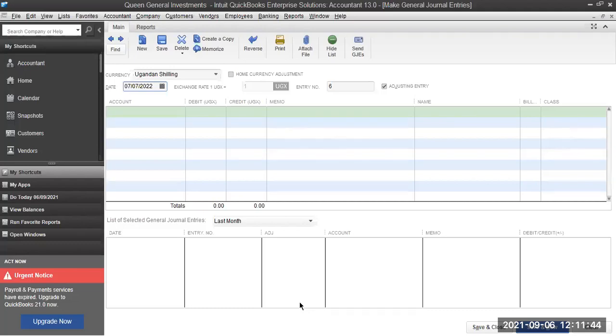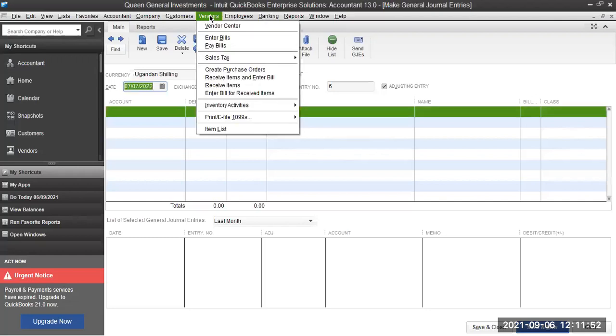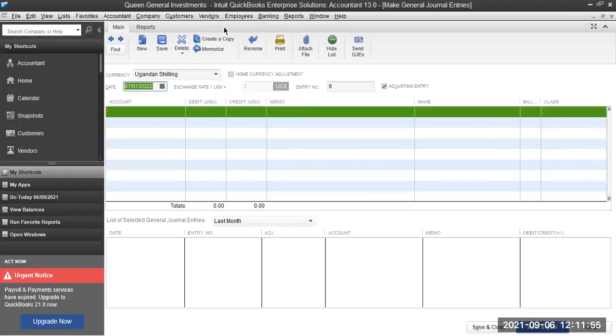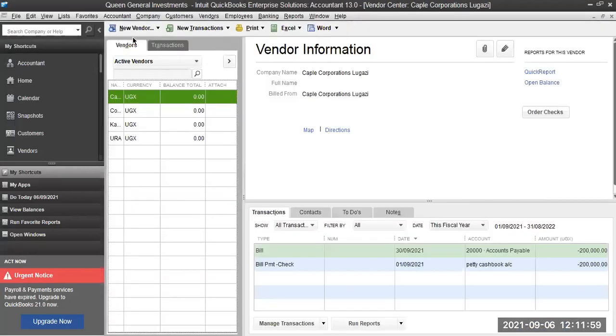Let me create another supplier who is demanding us. Let's first come back to vendor center. Let's say we are having a new vendor who is demanding us.